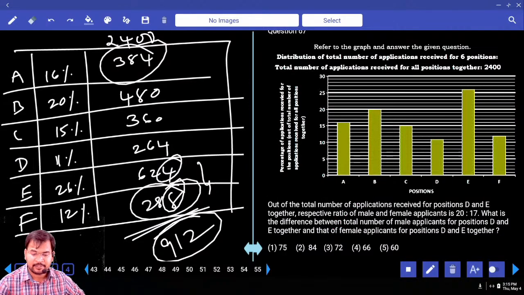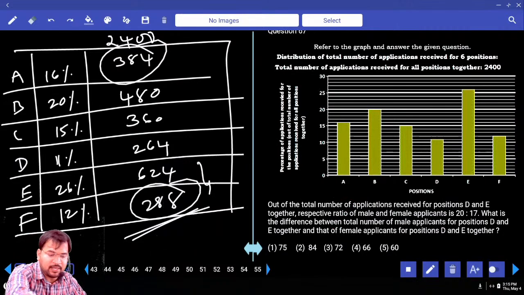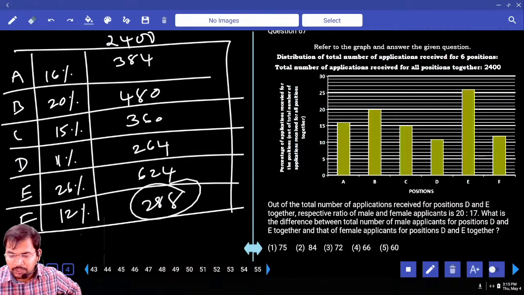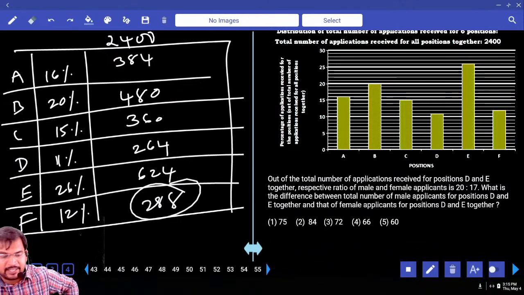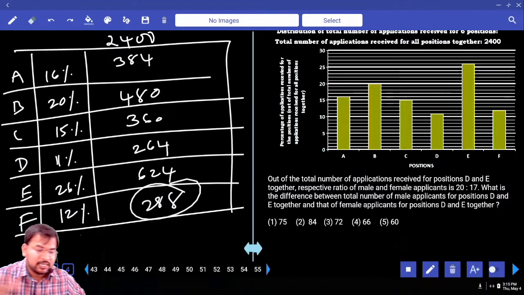Next. What is the question number? Out of the total number of applicants received from D and E together, the ratio of male and female applicants is 20 to 17.